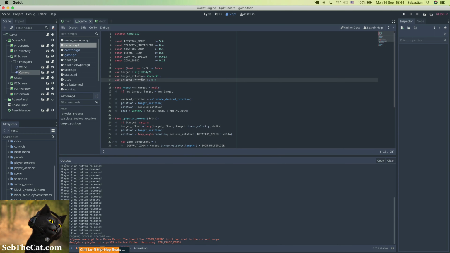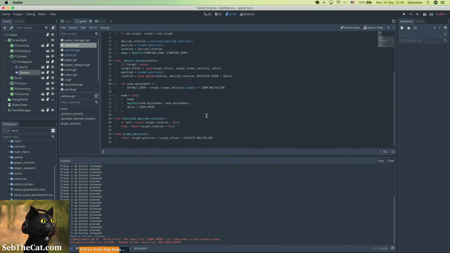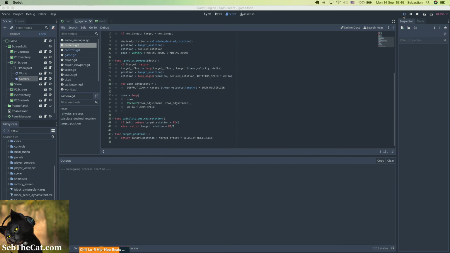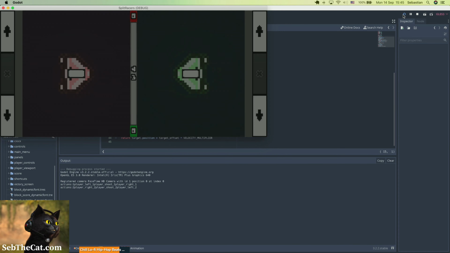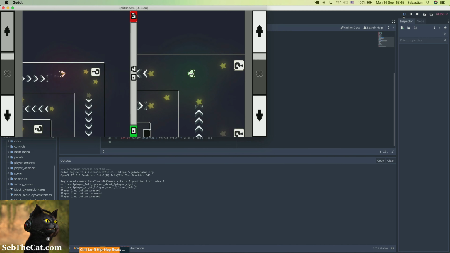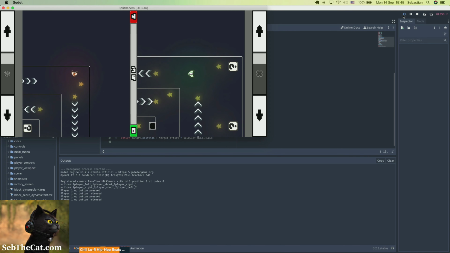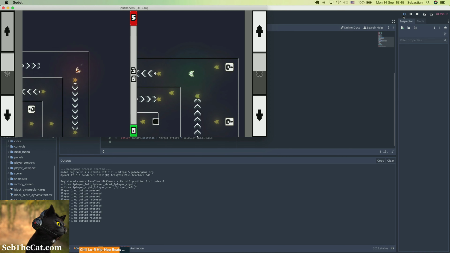Oh no. Cool. So now what I expect to happen is I expect the zoom to be a little less pronounced. Ice. Prevent bugs. Yeah, fair enough.